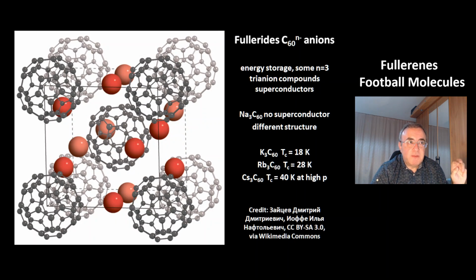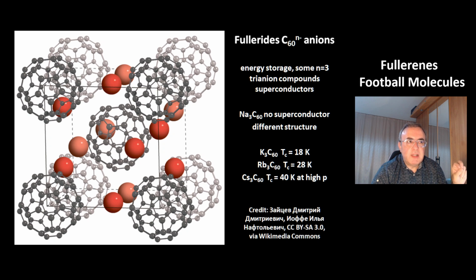This is a picture of fullerides, which are C60 anions. They can be used for energy storage. And some of these anions are superconductors. The sodium fulleride is not among them because it has a different structure.